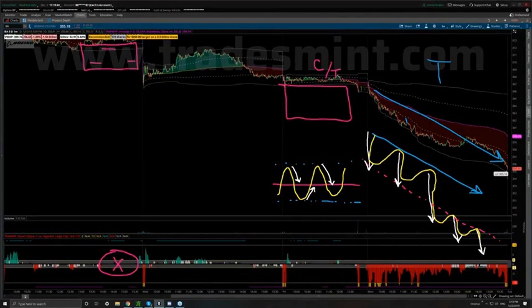Its direction, so that means long or short, and the likelihood of continuation or perseverance. Is it going to revert, which is more like a counter-trend market where we're likely to come back to the VWAP? Or is it more of a trending market where we're likely to continue trending in that direction? This is important because VWAPs define the trend for the day.